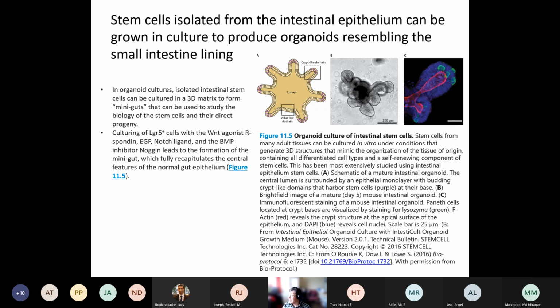The F-actin is mainly found at the apex of those villus-like domains. So at the apex, usually you find F-actin positivity. So that basically illustrates the organization of different cells within that organoid structure.